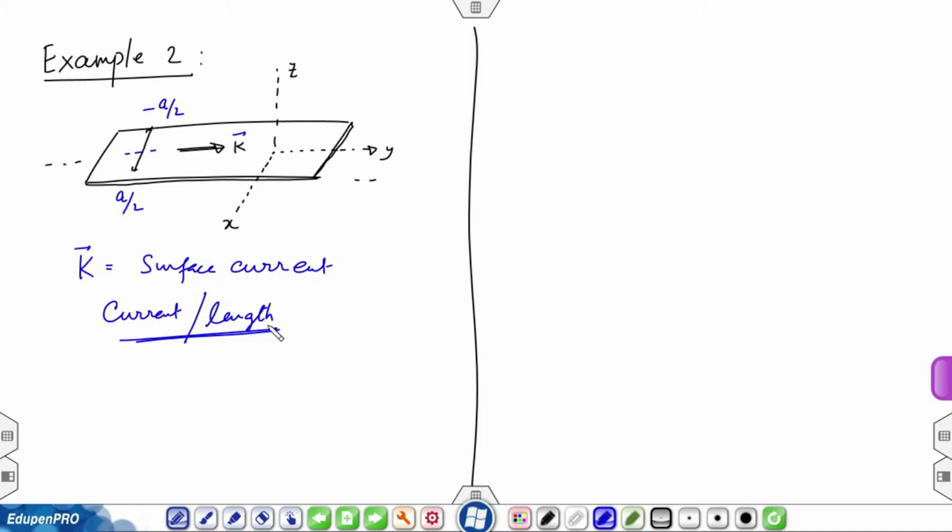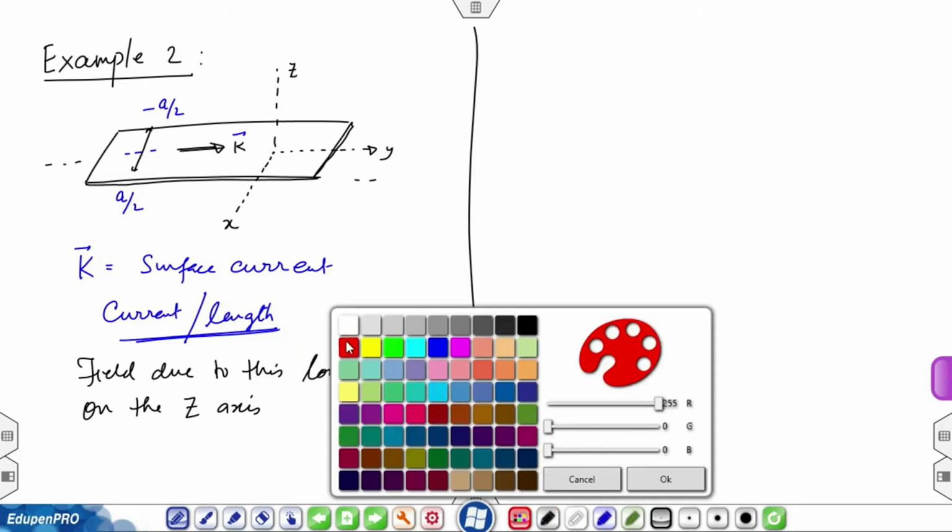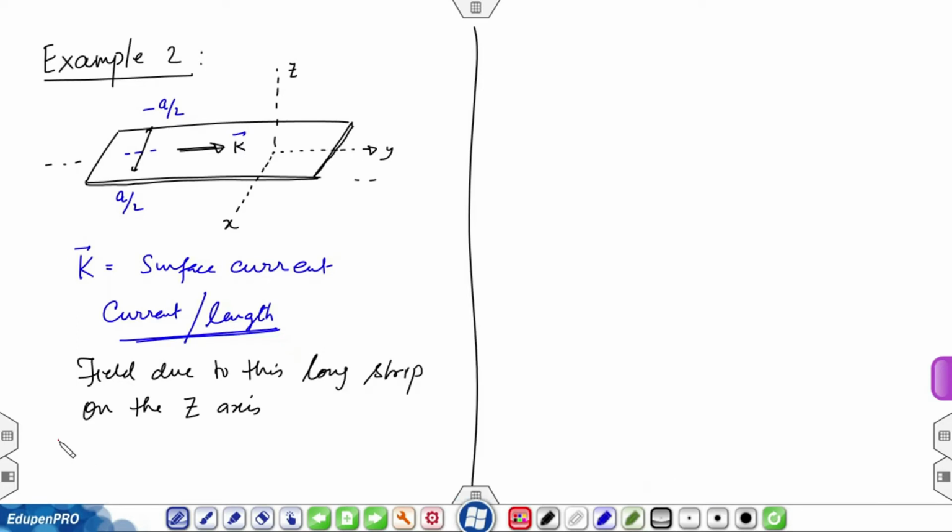I want to calculate the field due to this long strip on the z axis. Now, here it is best to use Cartesian coordinates because of the symmetry.